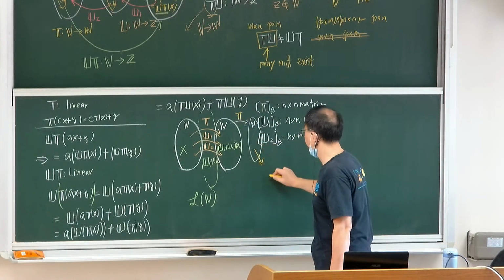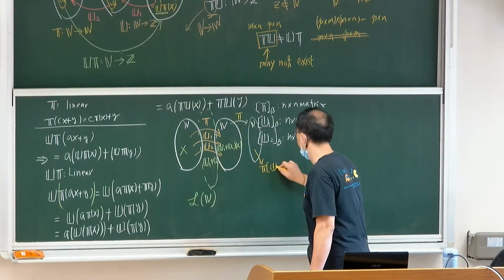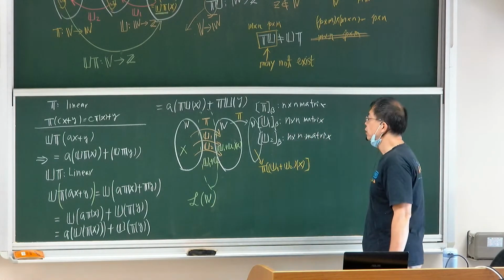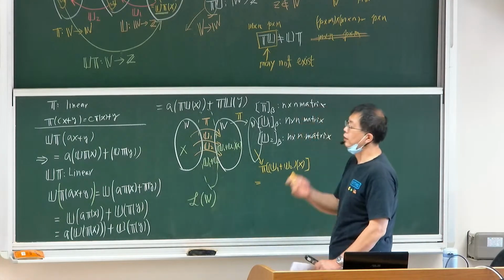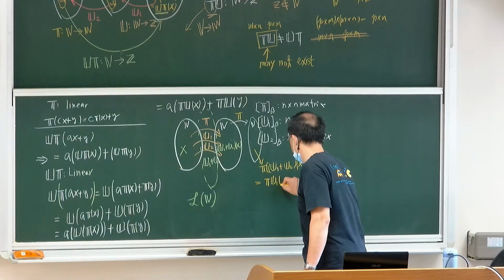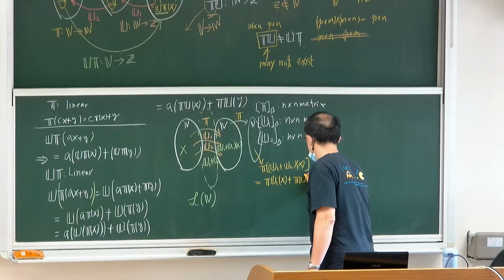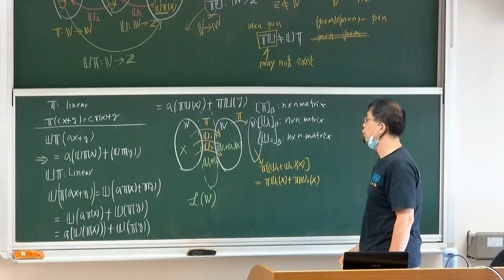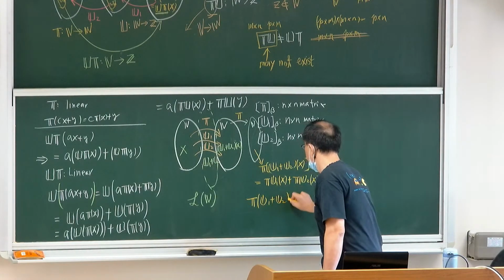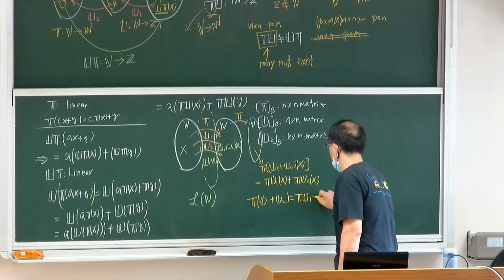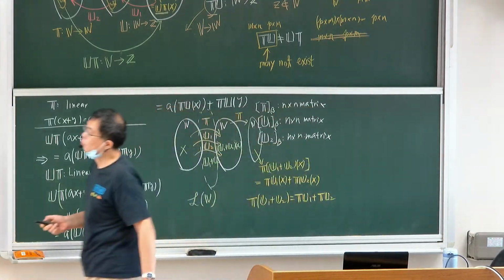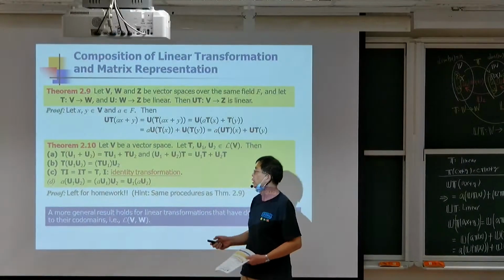So I have T of U1 plus U2 of X. Now we want to prove that this equals T of U1 X plus T of U2 X, which means that T operating on U1 plus U2 equals TU1 plus TU2. So it follows the distribution law here.